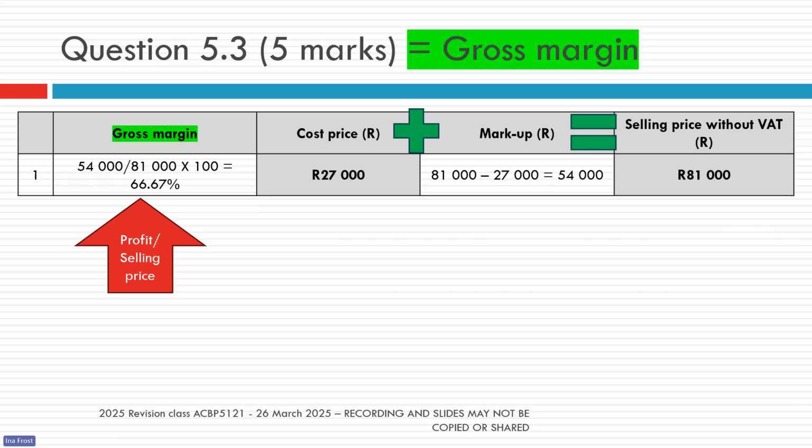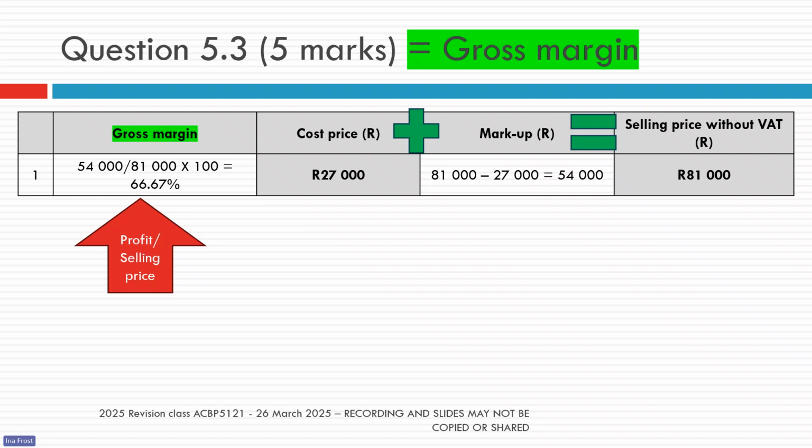And then once they had the profit number of 54,000, they divided that by the selling price, 81,000. And of course, you multiply by 100% because we are looking for a percentage as your final answer. That gave you 66.67%. So in this question, you first had to work out the profit before you could work out the gross margin percentage.